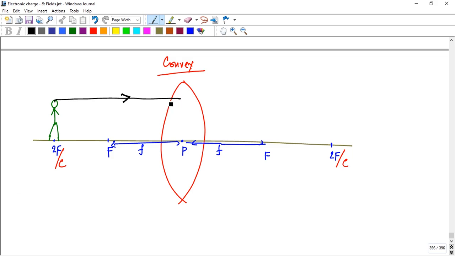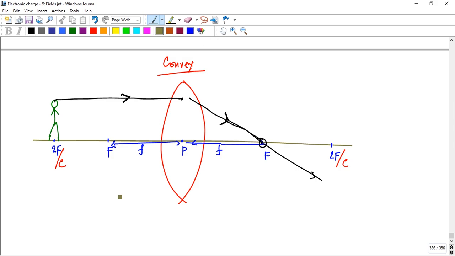After striking, the refracted, emergent ray passes through the focus.